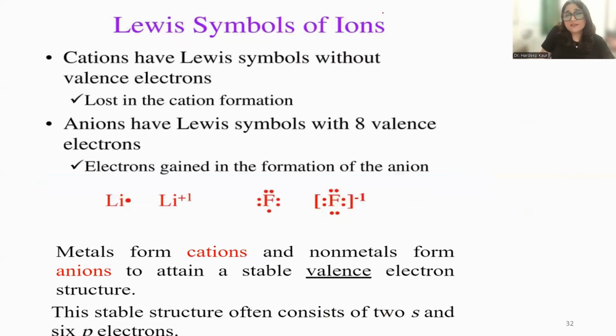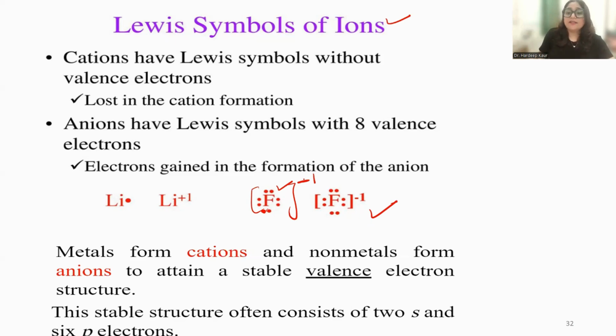Can we write the Lewis symbol for ions? Yes, of course. Suppose fluorine has 7 valence electrons, but if it takes 1 electron, you represent it like this: the electron pairs up, because it has taken one electron. Metals form cations and non-metals form anions to attain a stable valence electron structure.